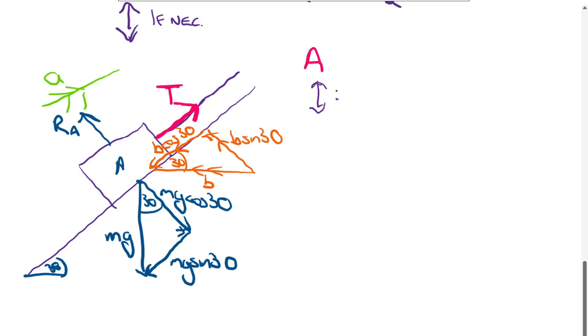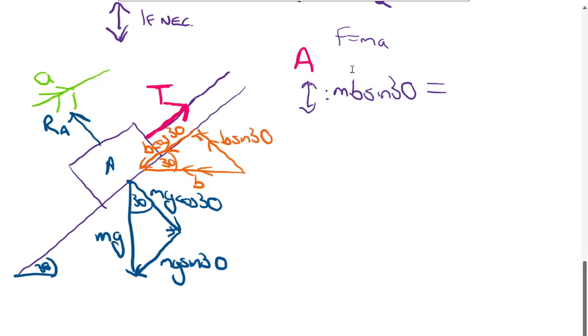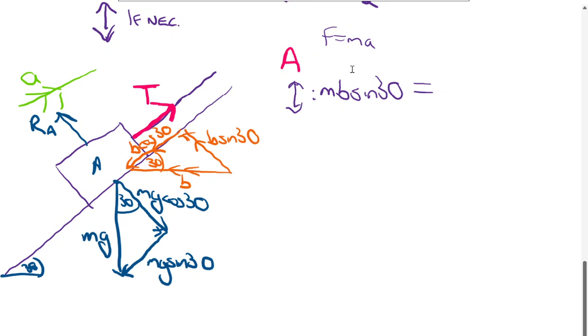So our equation becomes F equals ma again. Remember, F equals ma. What that becomes is m B sine 30 equals, now that's up, so that equals R_A minus mg cos 30.